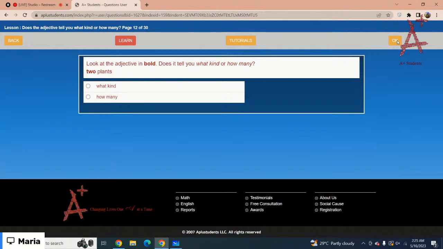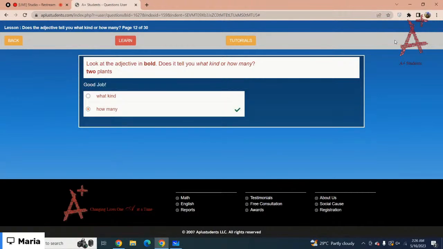Look at the adjective in bold. Two plants. Which is the correct option? It would be how many.